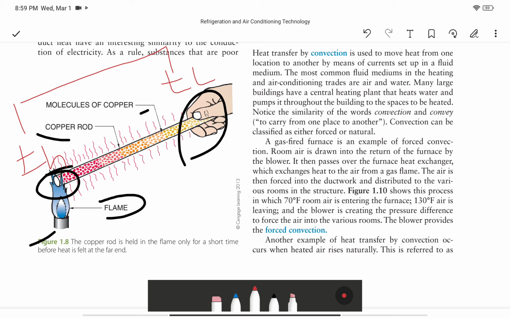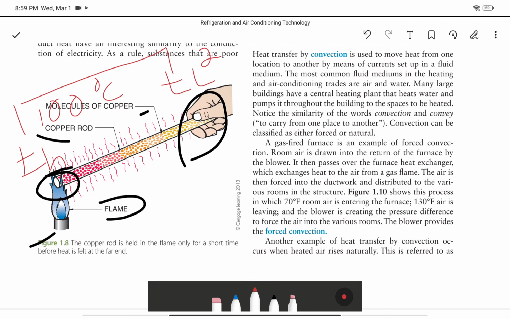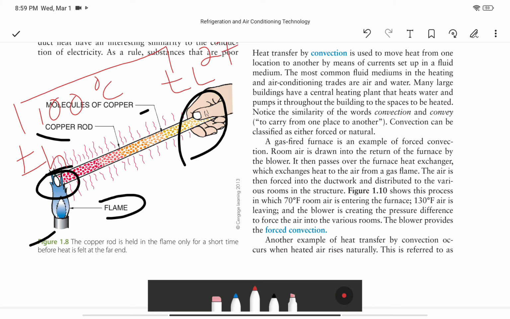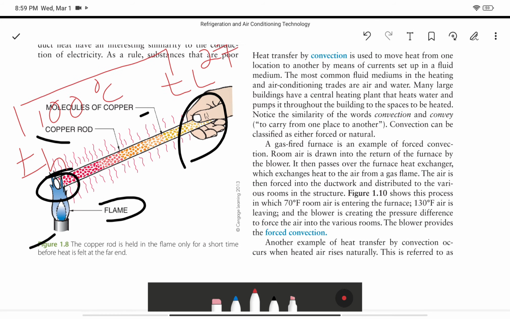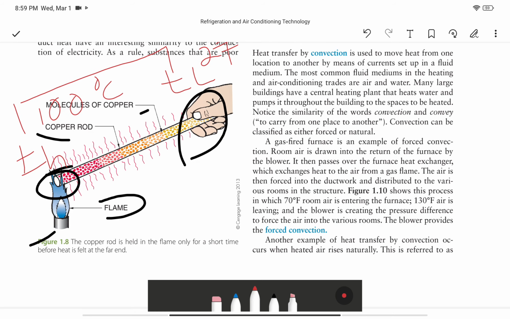Suppose this is 100 degrees Celsius, and suppose here it's at room temperature, shall we say 27 degrees Celsius. So 100 minus 27, that's a lot, right?